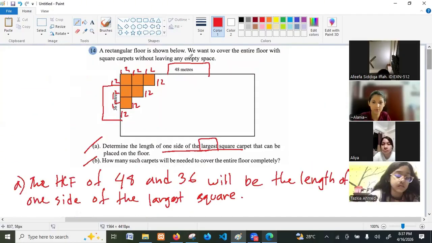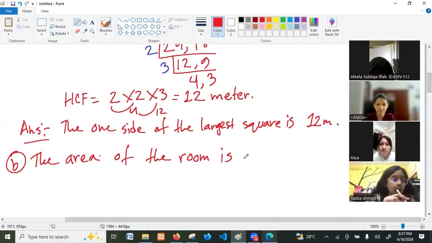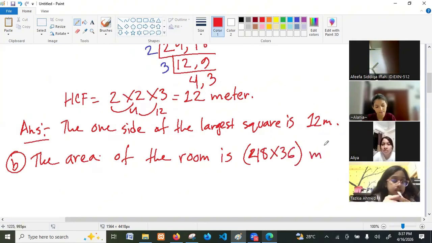So as we know the length is 48 and the width is 36. So we need to multiply these two. So we have 48 and 36. And they are in meters and we will put a square because we are talking about area. Okay, remember that.